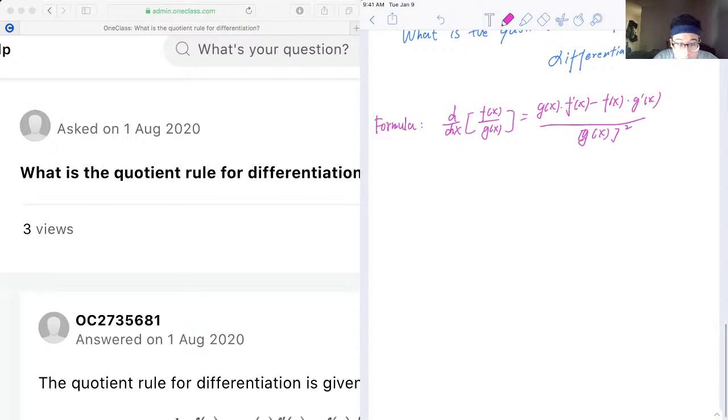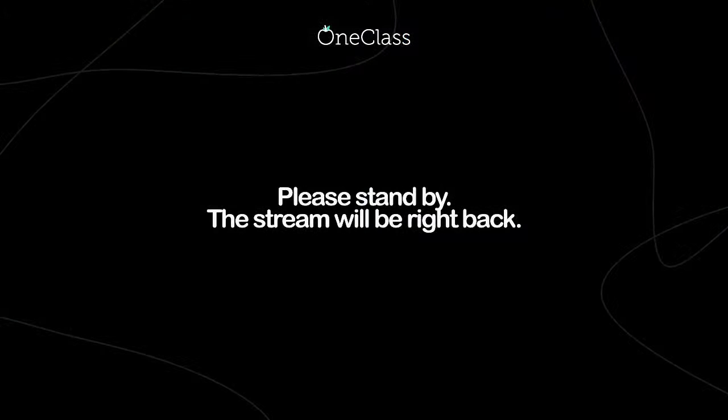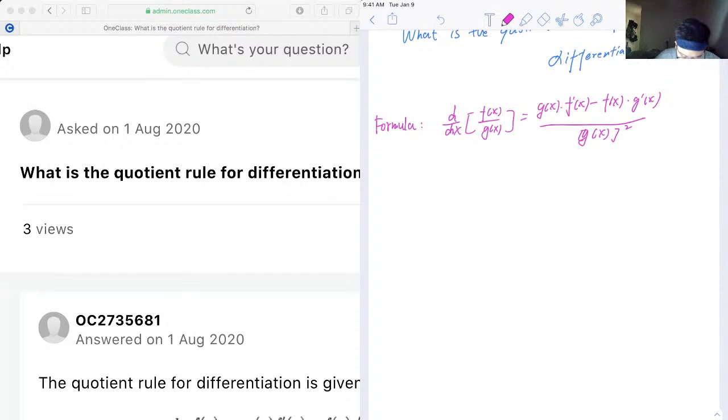And just give me 1 second, let me find an example to help us better understand. Okay, so let's try this one.